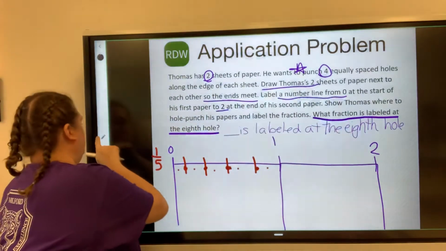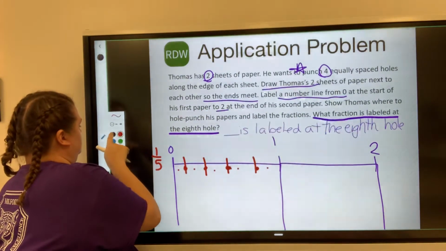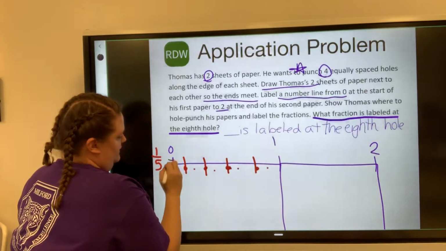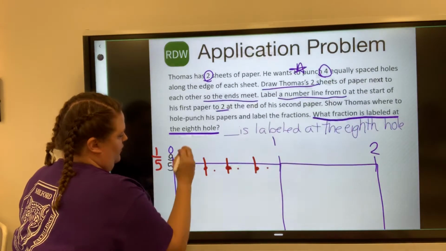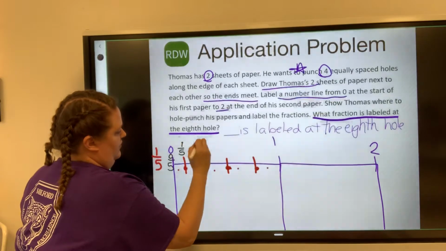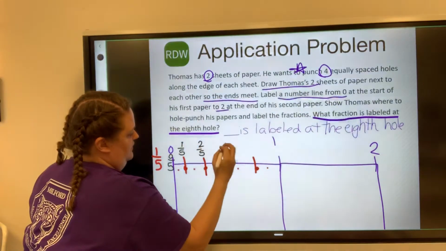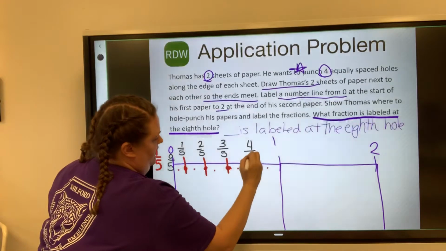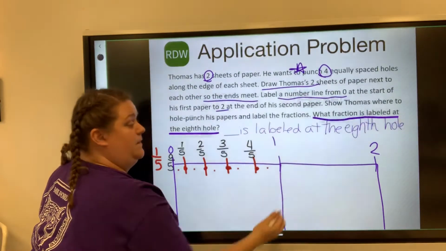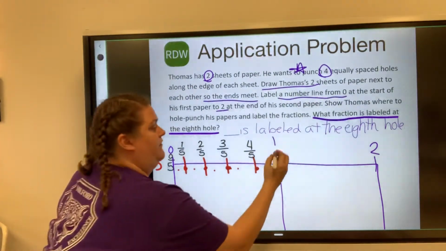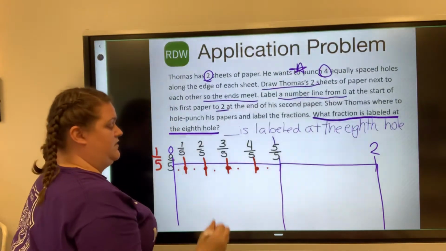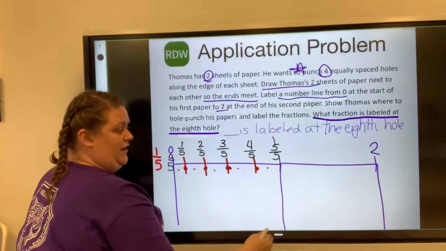So this would be 0 over 5, 1 fifth, 2 fifths, 3 fifths, 4 fifths. Then we're on the next page, which would be our 5 fifths. And there's not going to be a hole there because we're doing 4 equally spaced holes. We're now at the edge of the paper.